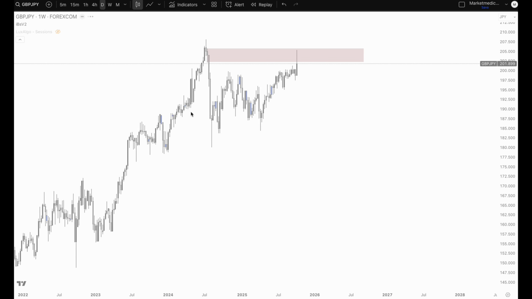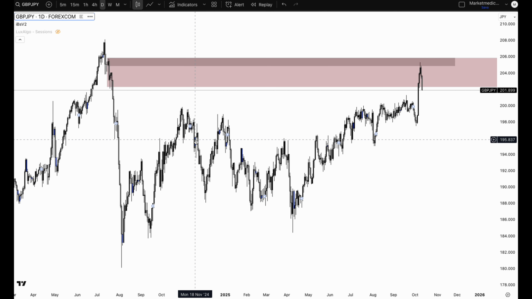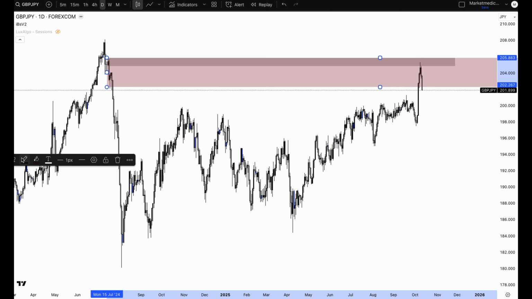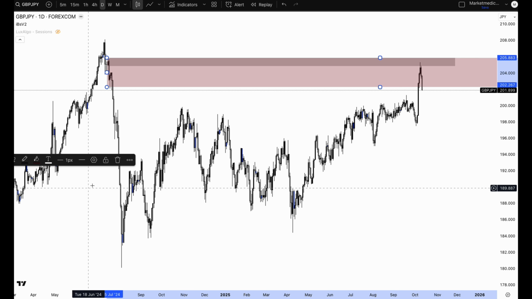So we go on to the daily time frame. On the daily time frame, that is where we are going to be refining our supply order block to make it relevant. As we go down, we'll be fine-tuning the order block to see the levels available in there.